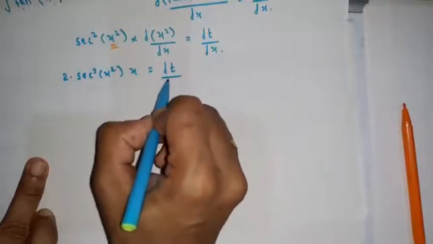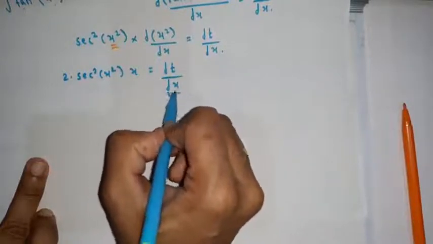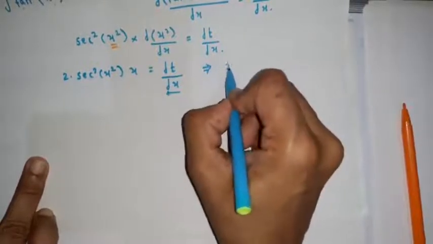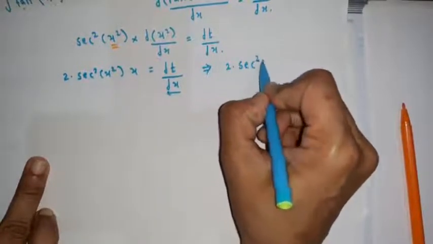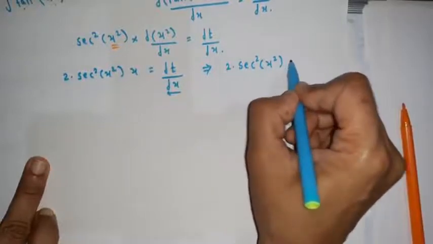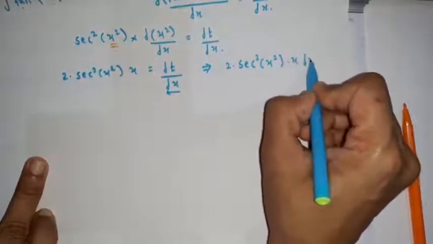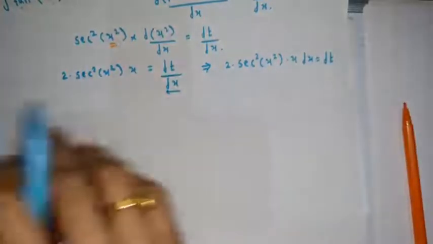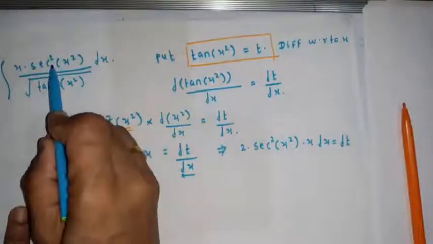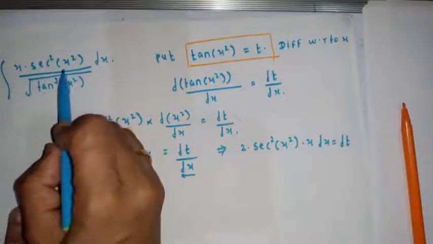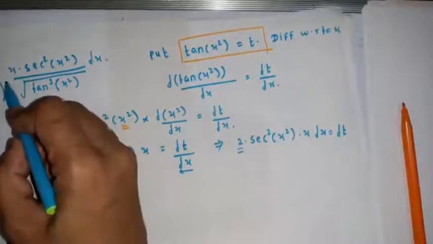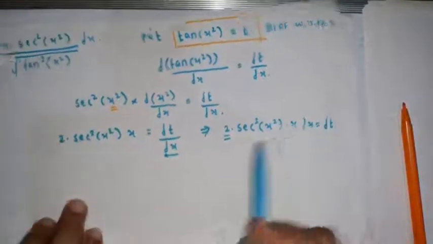So here sec square x square, and differentiation of x square is 2 into x, equal to dt by dx. Now shift this dx to that side, and we get 2 into sec square of x square into x dx equal to dt. See here the term in the integration, x sec square x square, is there, but only the 2 is not there, so shift this 2 to that side.